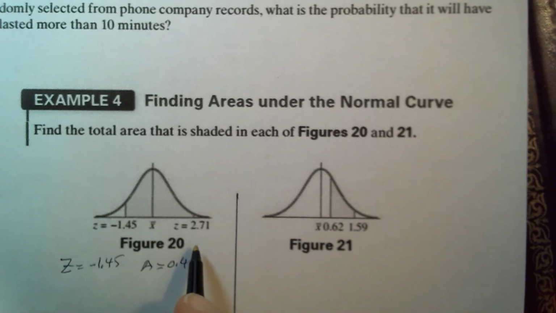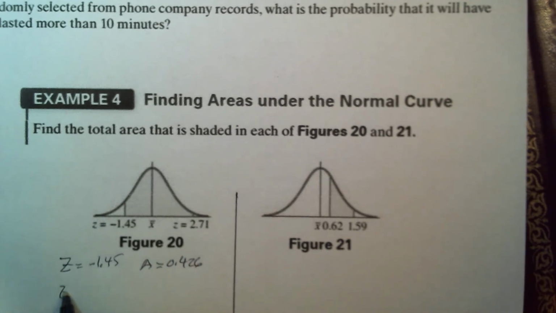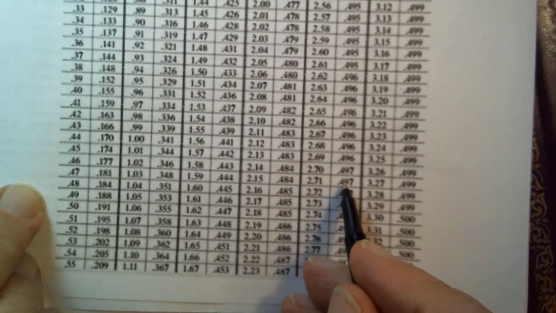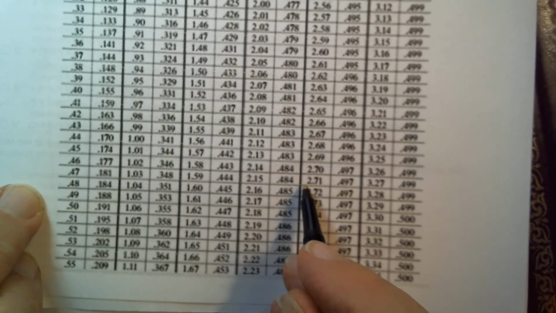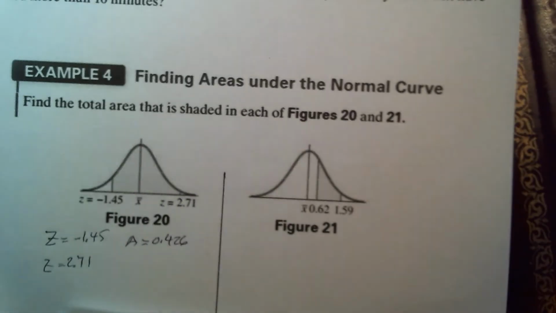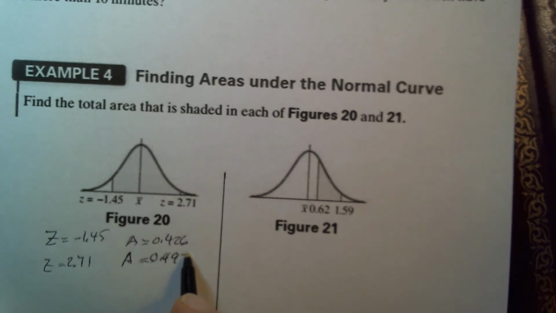And then for the z-score of 2.71, again we look for a z-score of 2.71, and we find that to be 0.497. So A equals 0.497.